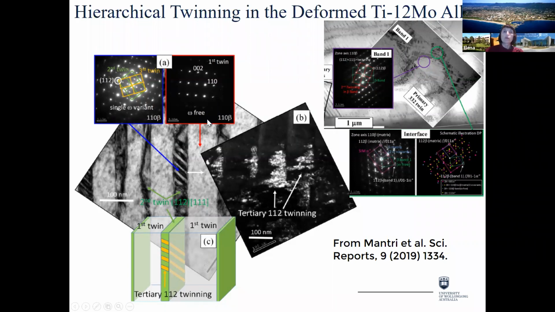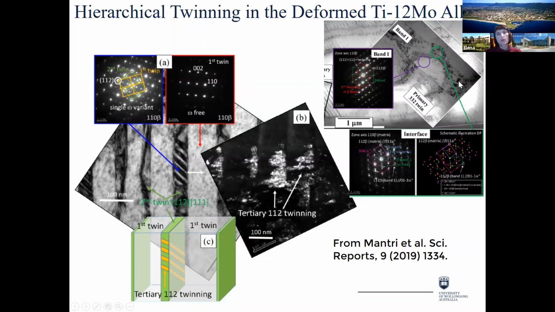And also, if we zoom in more into interfaces between and within these twins, you could see that within the primary 332 twin, they have such an attached band. In this band, remnants of martensite were visible, and a bit of deformation-induced omega.